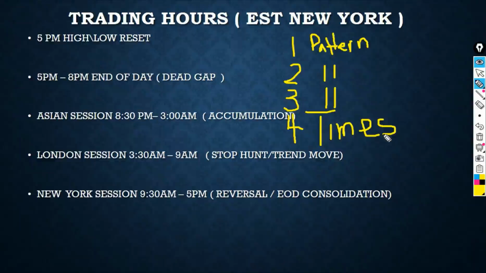Don't look at those. There are 3 main sessions. The times that I gave you are the keys to the city. Don't look at any other times which are out there. Those are garbage.